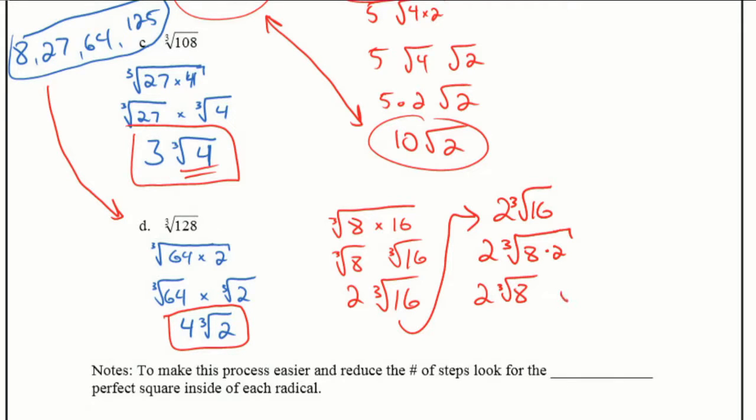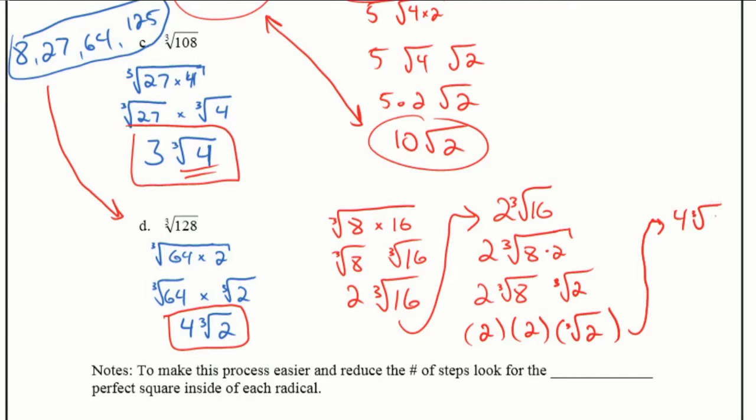Cube root of 8, the cube root of 2. So I'm going to get 2. Cube root of 8 is 2, times cube root of 2, which now I've almost completely run out of room, is 2 times 2 is 4 times the cube root of 2, which is the same thing I had before.